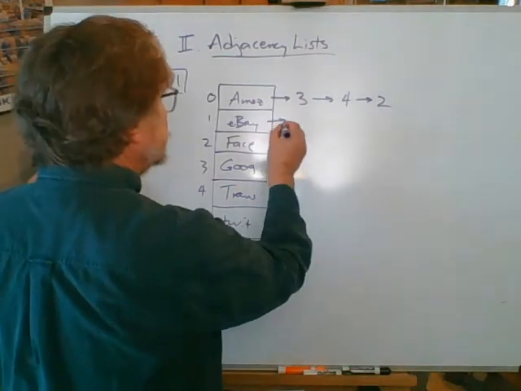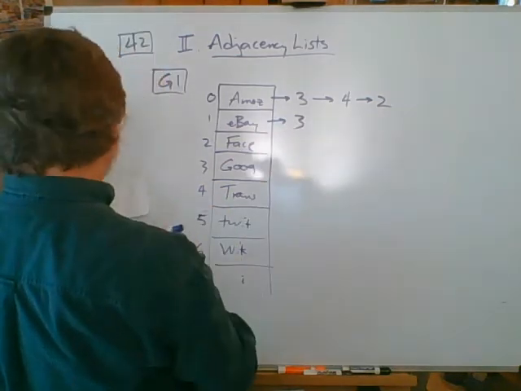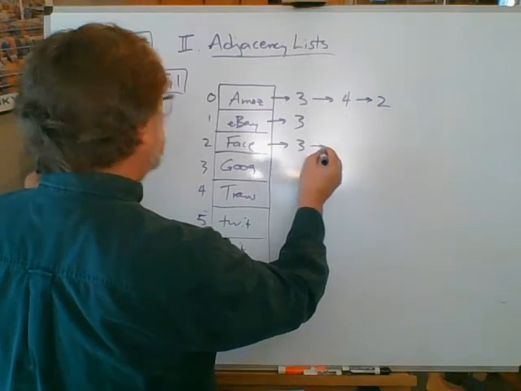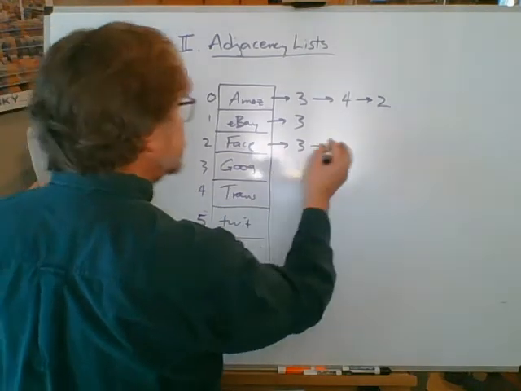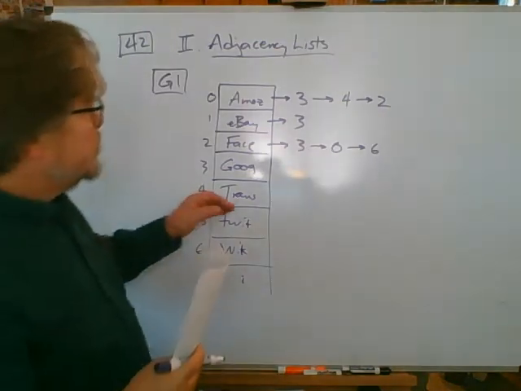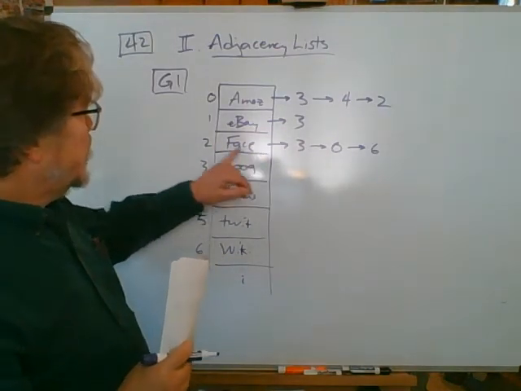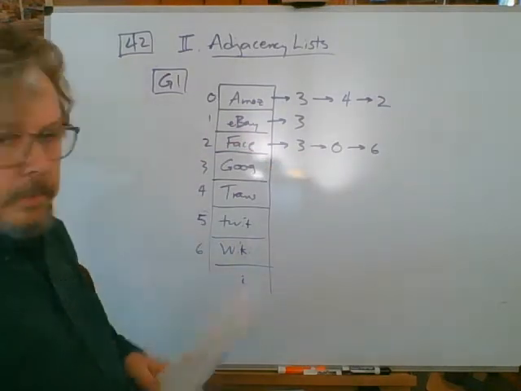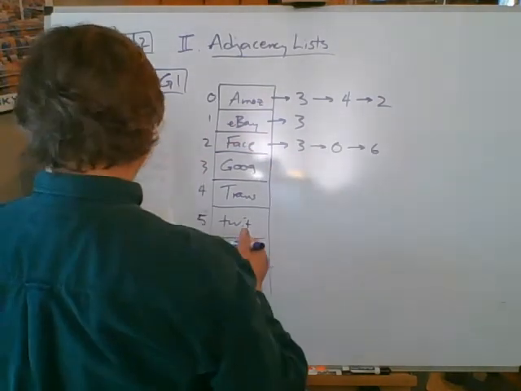eBay goes to 3, meaning 3 is the only thing in its adjacency list. Facebook, what else we got? 3, 0, 6. Again, that's a set of 3 nodes. From Facebook, I can go directly to whom? Google. I can go to Amazon. I can go to Wikipedia. Okay, moving right along.